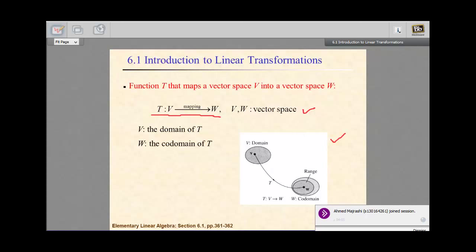If we have one set V and we have another set W, and there is a transformation from V to W, written as T from V to W, then it is called a linear transformation.